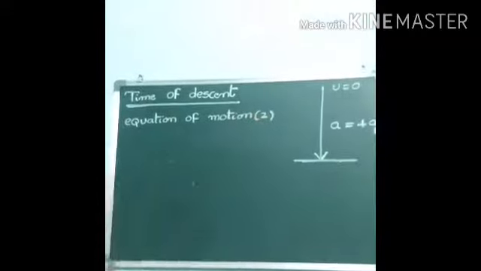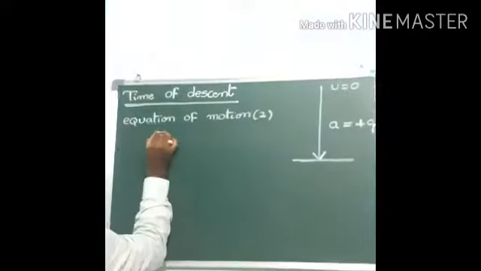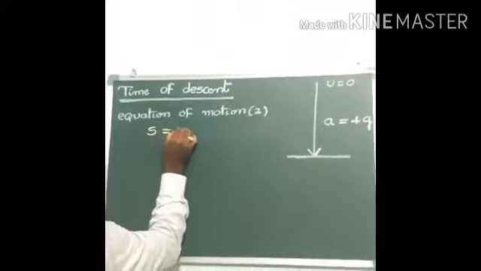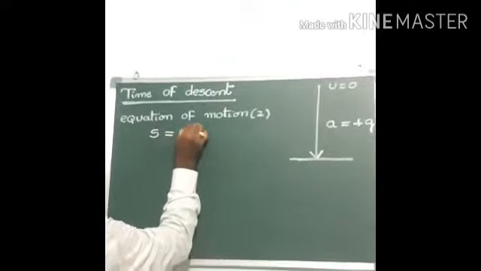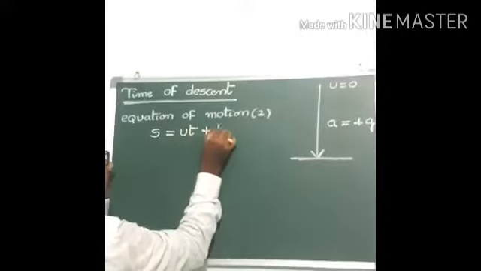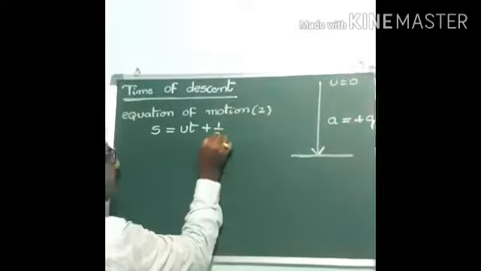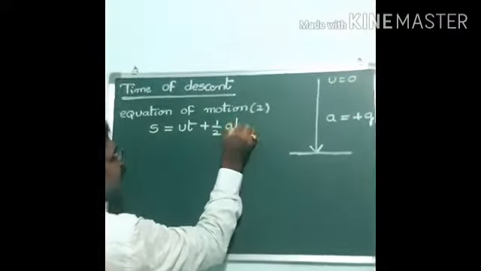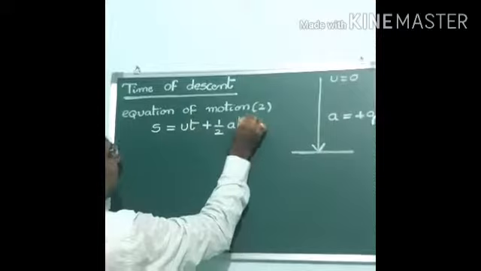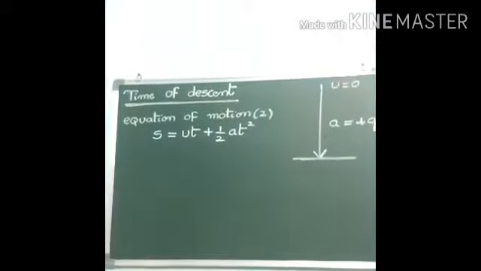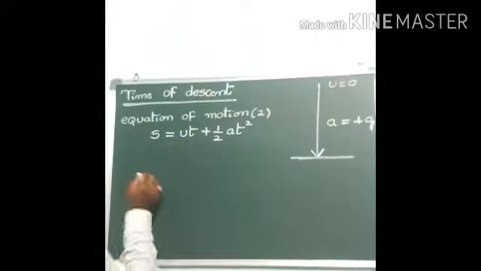S equal to ut plus half at square. Now apply the condition.